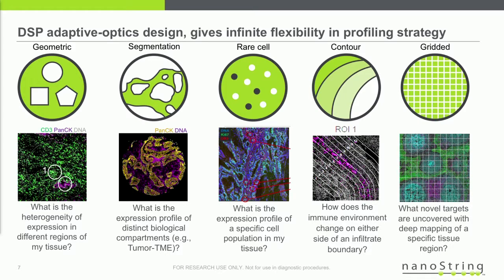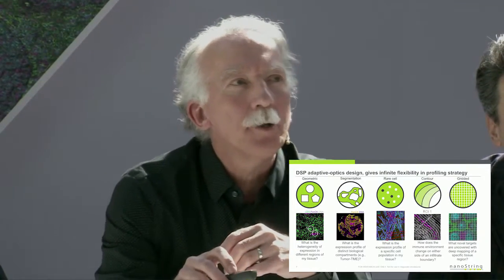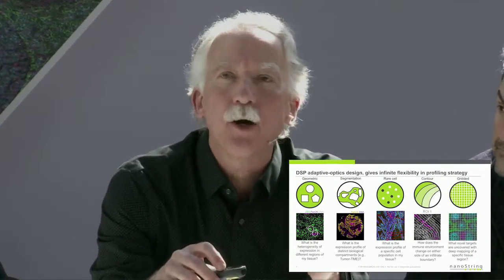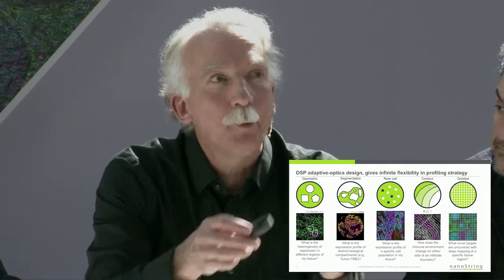Then you can do some very unique things where the microscope will automatically configure itself around particular boundaries in the tumor, or you can just do gridded spatial imaging. But all of these things are auto-configured, and the microscope absolutely adapts to how you want to interact with the tissue and will configure itself in all these different automated segmentation modes.